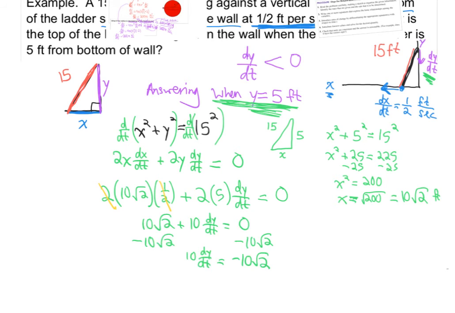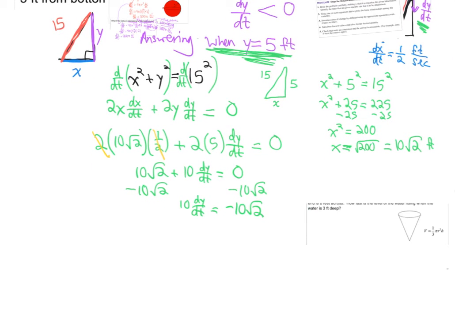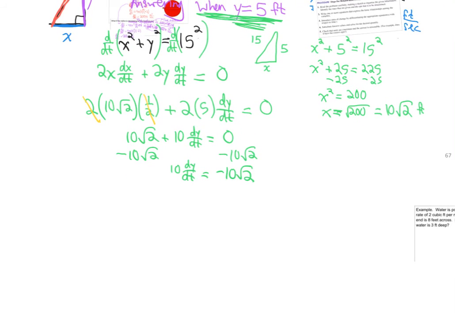So I'm going to just proceed to do the algebra to solve for dy/dt. At this point, you should hopefully be predicting that dy/dt is negative, which it should be based on the observation we made earlier. Okay.